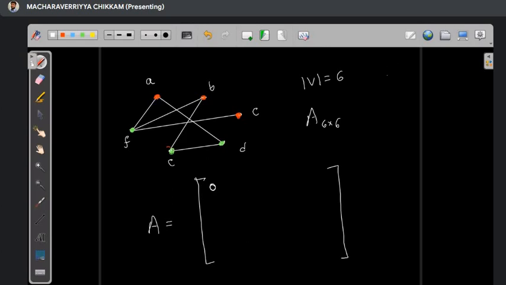Here it is very important to order the vertices: A, B, C, D, E, F. I'm taking A as the first vertex, B as second, C as third, D as 4, 5 and 6. Whereas if you take these vertices in a different order, you may get a different matrix by permuting the columns.